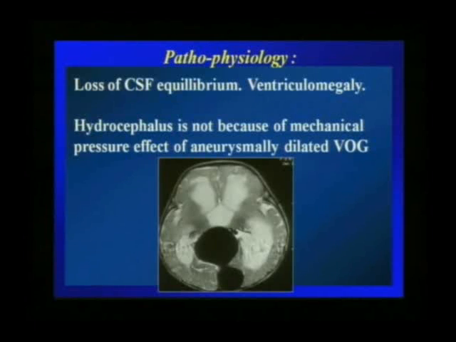The vein of Galen, or the deep system in kids, actually has a balance as far as the draining out of the blood in the brain is concerned with the superior sinus. So the SSS has to take the brunt of the entire blood flow, because the vein of Galen is so high flow that it is not taking any part in the normal drainage of the brain.